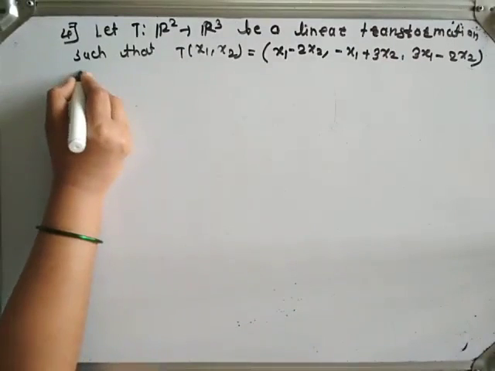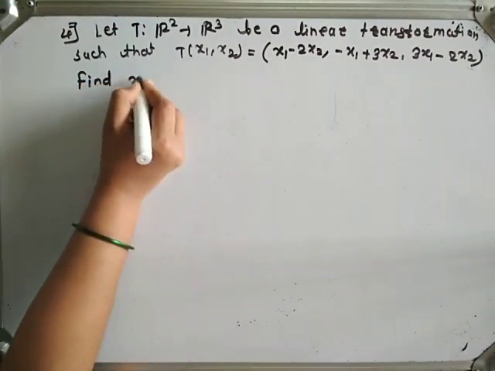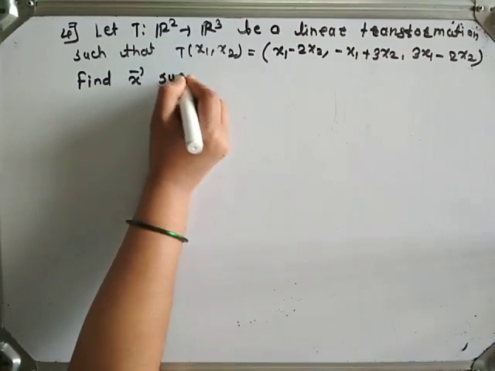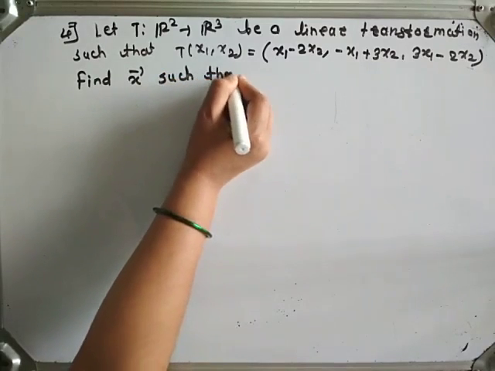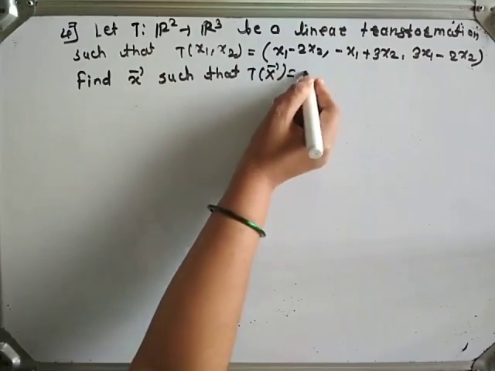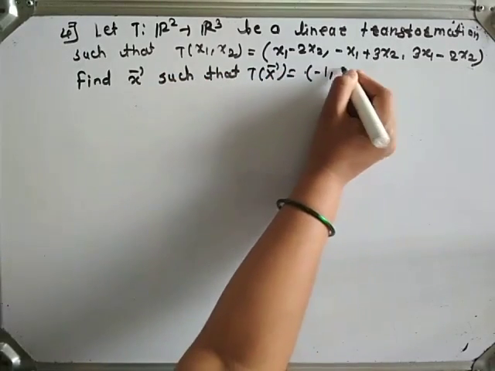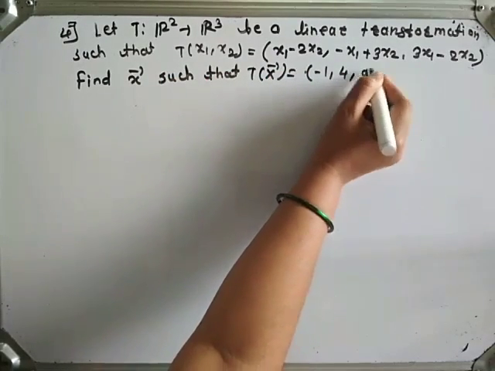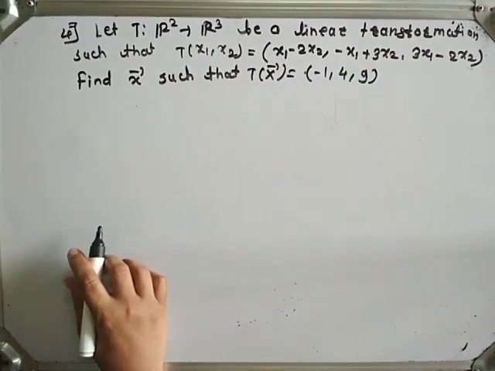Okay, find x bar such that T of x bar is equal to (minus 1, 4, 9). Okay.